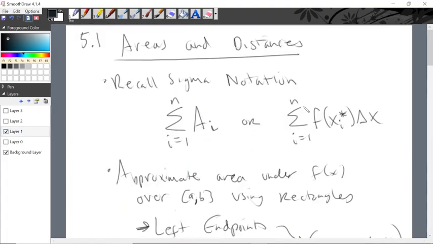Right now we're recognizing that there is a relationship between the area under a velocity function and the distance that the object traveled. And we can, in general, be taking a look at how we find the areas under nonlinear functions. If they're smooth and continuous, when is it possible for us to find the area under a curve?